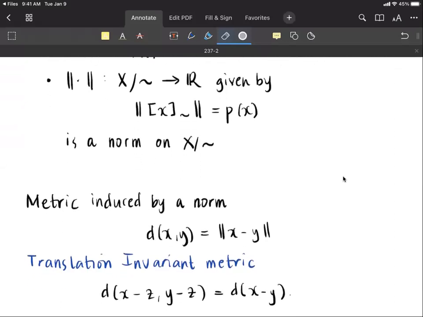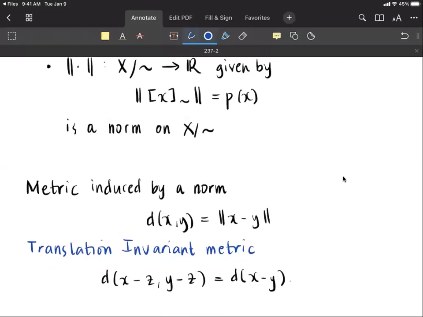Well, the additional property that we have is the translation invariance of this metric. Okay, so let's say you have vectors x and y. Okay, so x minus y would be this vector.